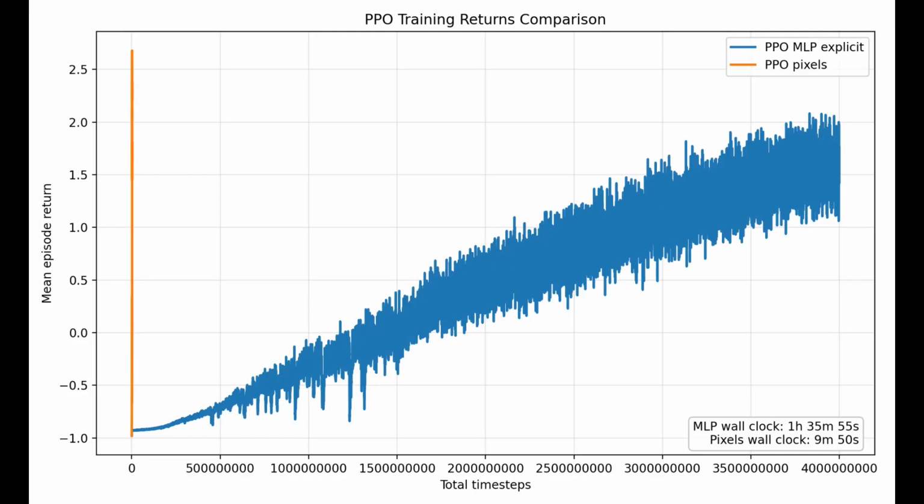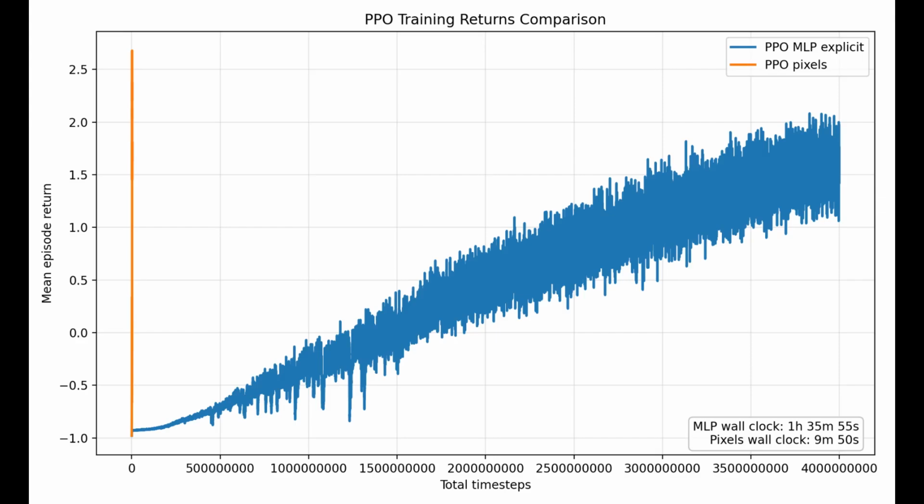Now, when we overlay this plot with the same version, but me using pixels, it's pretty comical. For the pixels version, in this comparison, I'm using the exact same model size, exact same hyperparameters. The only difference is the data we're feeding in is now in the form of pixels, and I added a small convnet to the beginning.